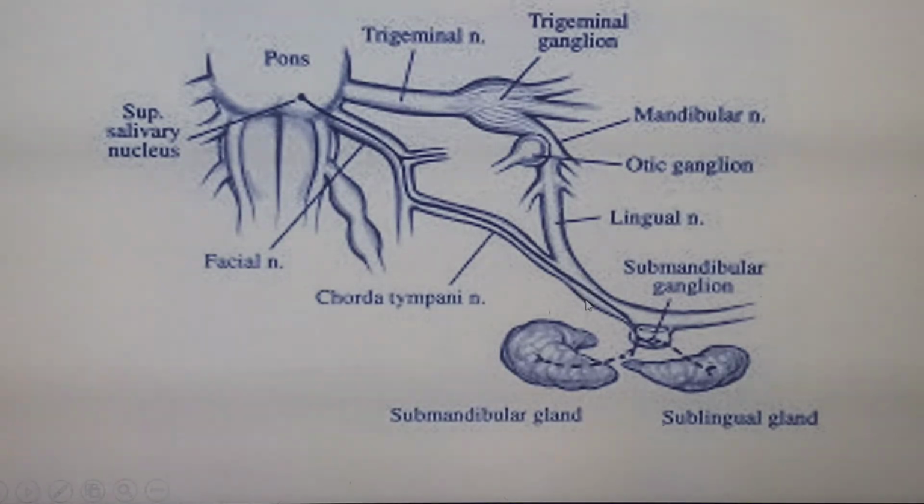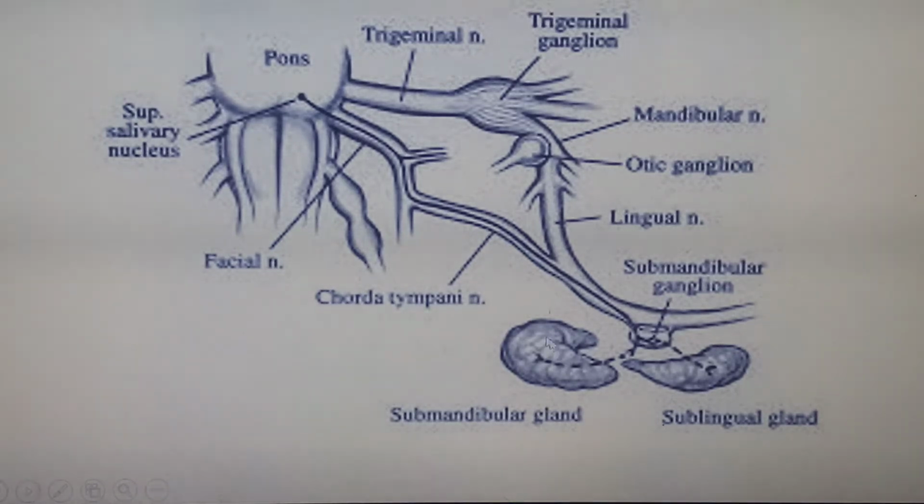But as you can see clearly over here, this chorda tympani branch is not only going to give taste sensation to the anterior two-thirds of the tongue, but it's also going to give secretomotor fibers to the submandibular and sublingual glands. Why? Because this chorda tympani relays in a ganglion over here, which you call the submandibular ganglion, and then beyond that, there will be postganglionic fibers going through the same lingual nerve to supply the submandibular gland and sublingual gland.